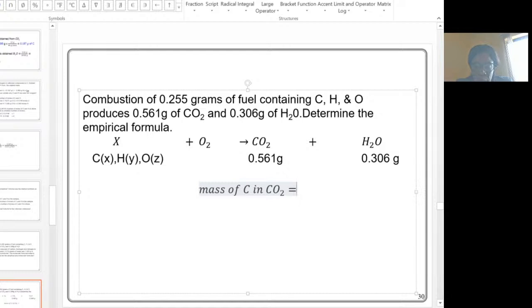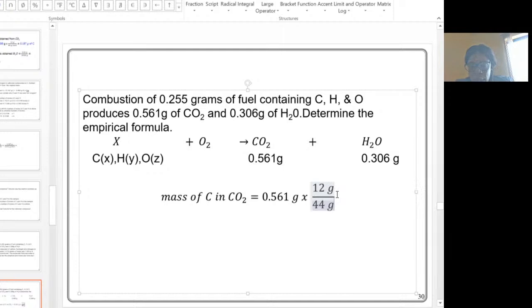You multiply, the total mass is 0.561 grams times, what's the mass of carbon present in carbon dioxide? It's 12 grams of carbon present in 44 grams of carbon dioxide.